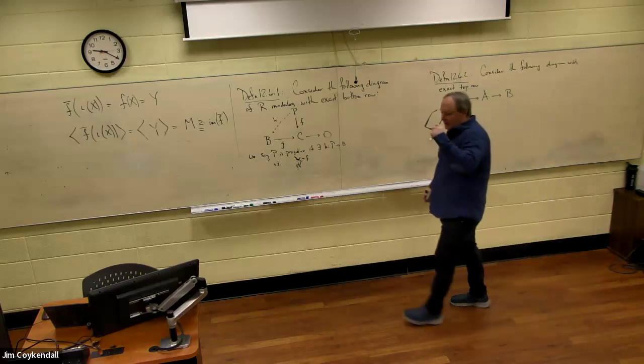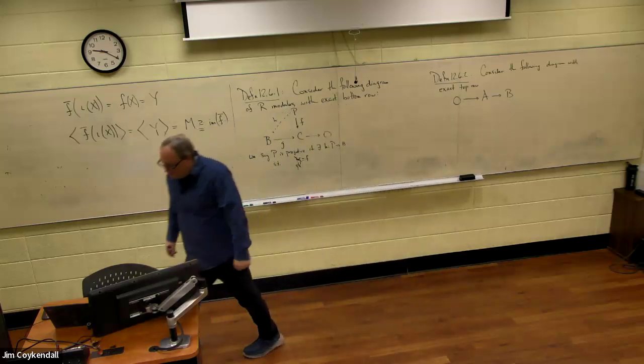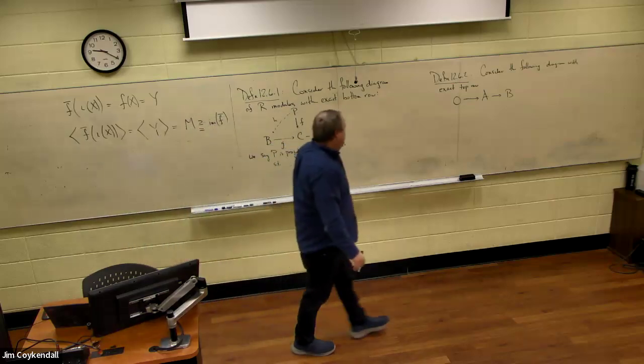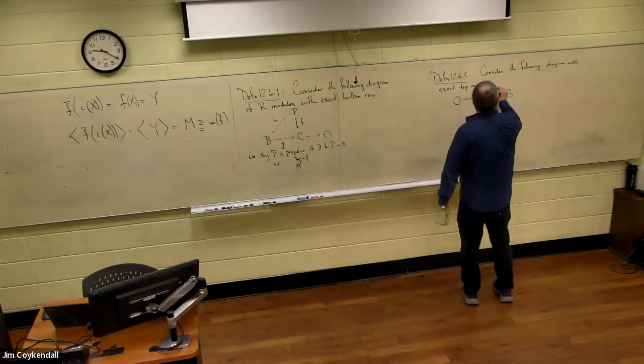And of course, exact top row in this case just means that the map F is one to one.